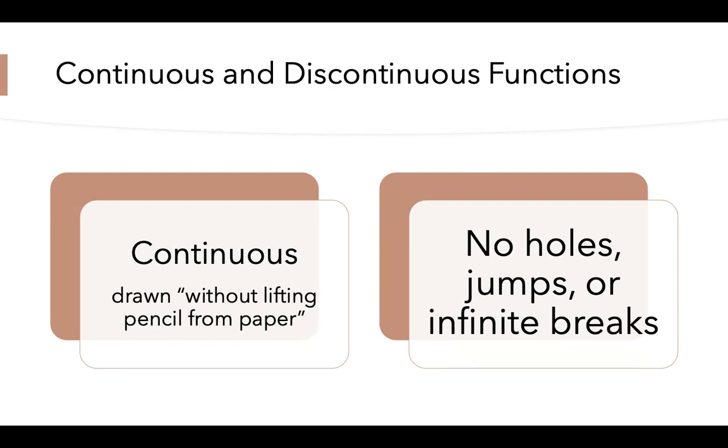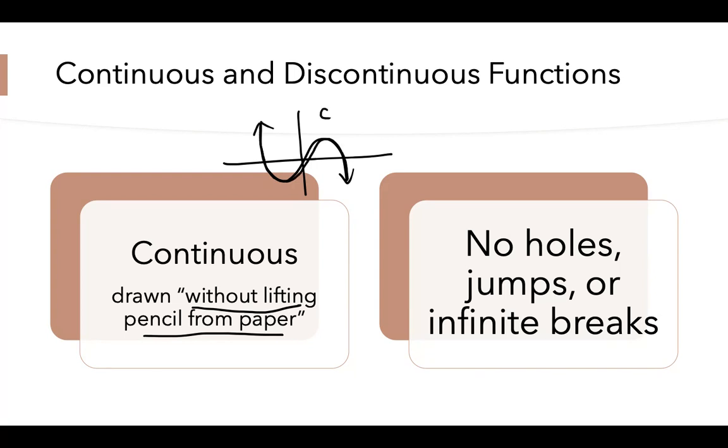Let's take a look at what's the difference between continuous and discontinuous functions. In order to be continuous, you have to draw the graph without lifting the pencil from the paper. So for example, this graph, I'm tracing it without even lifting my pencil.